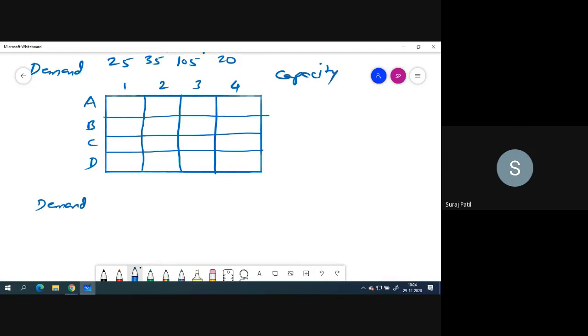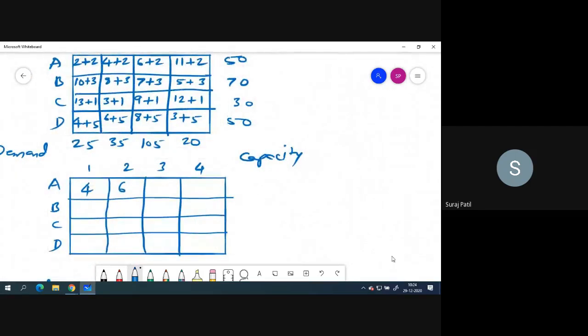So if I add this, what will I get? You can see in the previous table, 2 plus 2 is 4, 4 plus 2 is 6, 6 plus 2 is 8, 11 plus 2 is 13. And again 13, 11, 10, 8, and 14, 4, 10, 13, 9, 11, 13 again, 8. And capacity is 50, 70. Just write it.